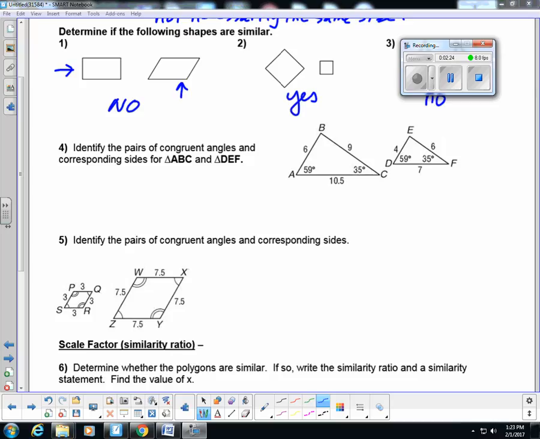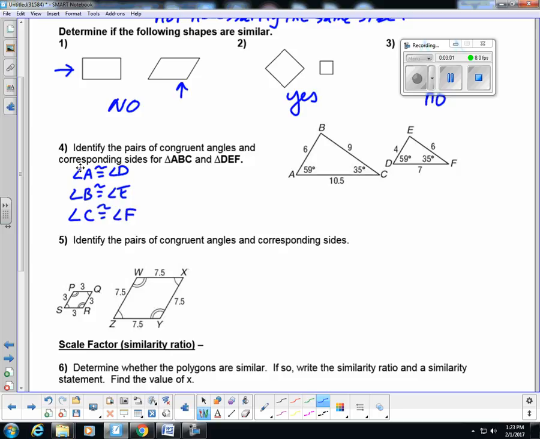So the angles that match up are angle A is congruent to angle D, angle B is congruent to angle E, and angle C is congruent to angle F. So those are the pairs of congruent angles. The corresponding sides then, we can take from the fact that we have these congruent angles, and we just have to match up the segments that have the endpoints that are the same pairs of congruent angles.